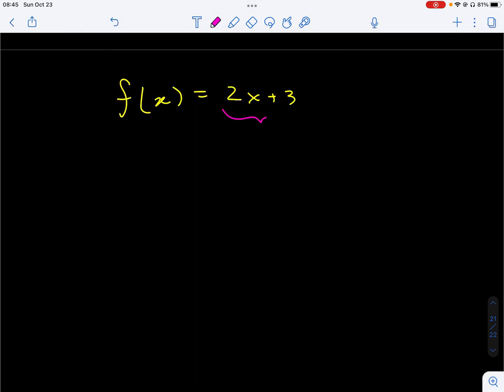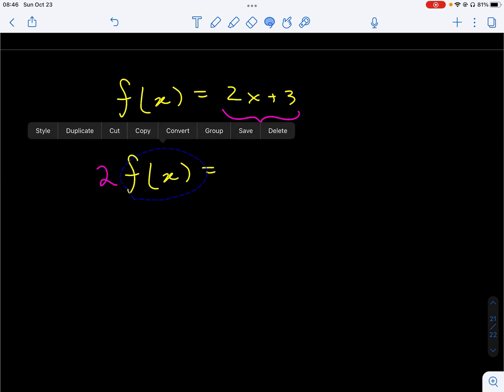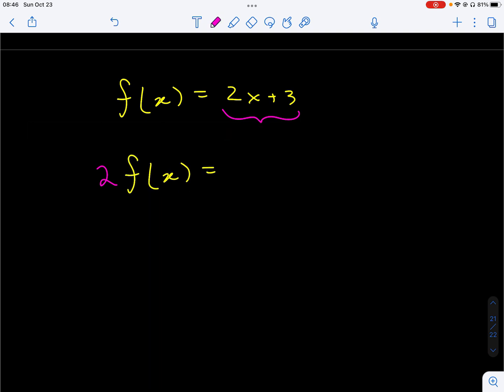Well, maybe I think this is too small, and for whatever that means, maybe I want to make it bigger, in the sense that I want the outputs to be twice as large as they are. Well, I could take my function and just multiply it by 2. So 2 times f of x, taking all the outputs of your equation and multiplying them by 2. That's one thing you could do.